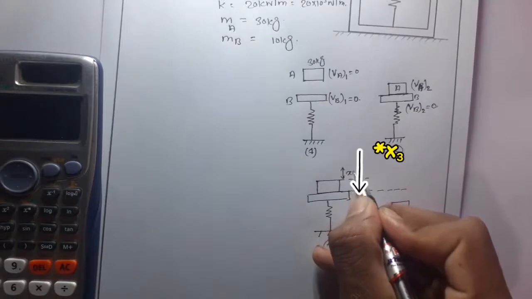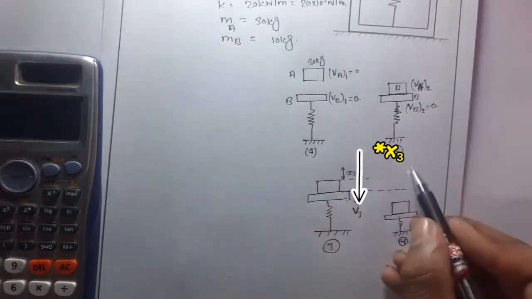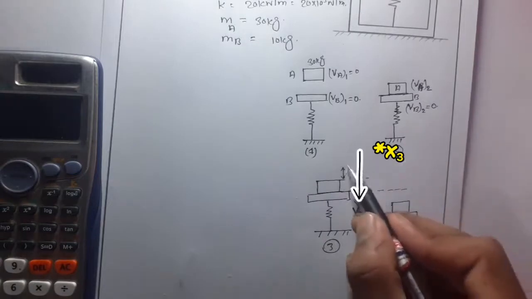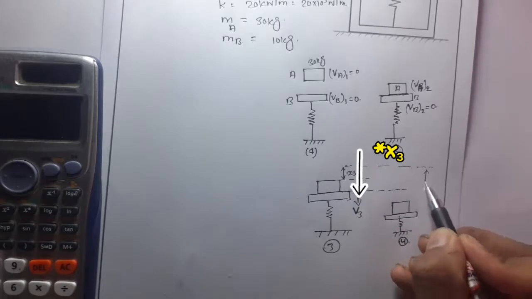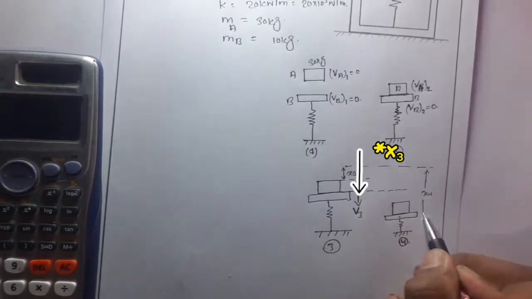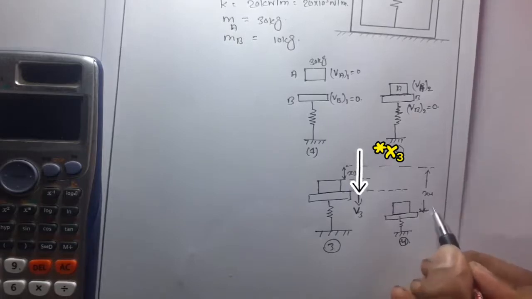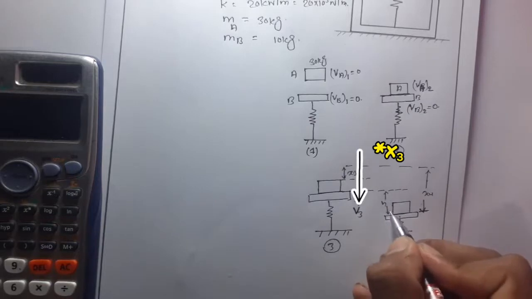Here this is x3, and the total from here to this position is x4, and this is a height h.